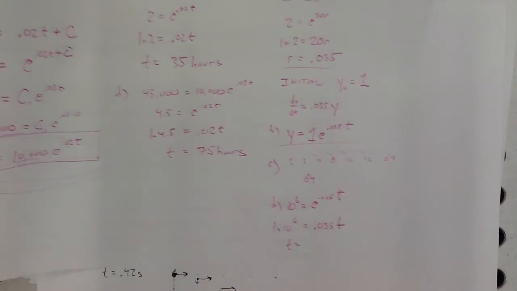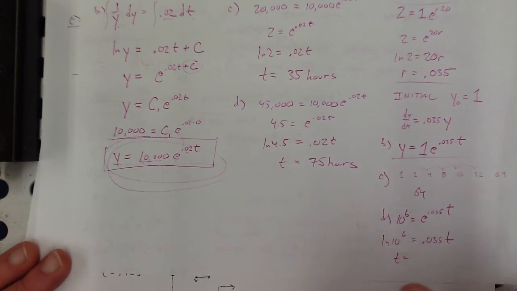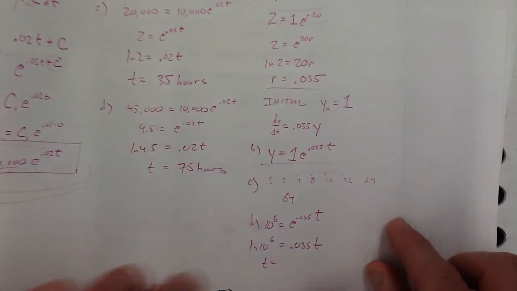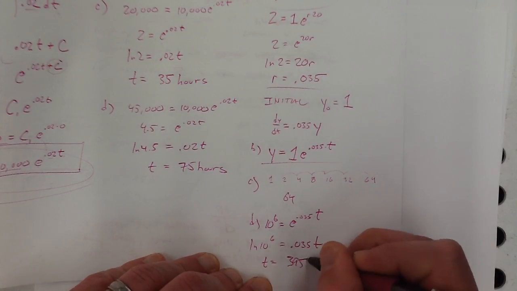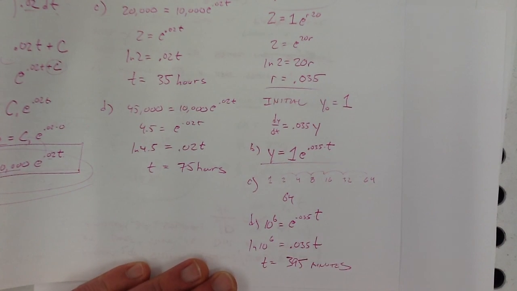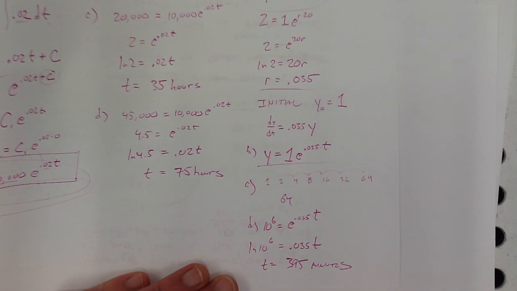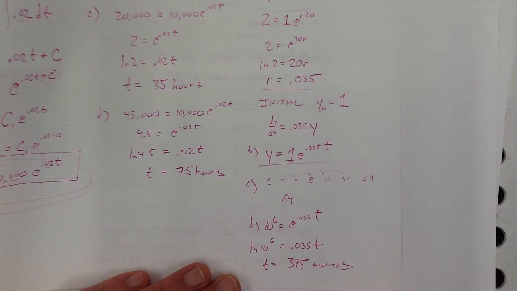And then t would be natural log of 10 to the 6th divided by 0.035. I'm getting about 395 minutes. All right. That is how you do some exponential growth modeling with differential equations.